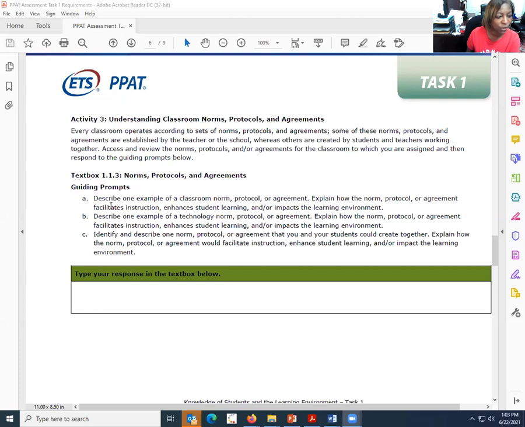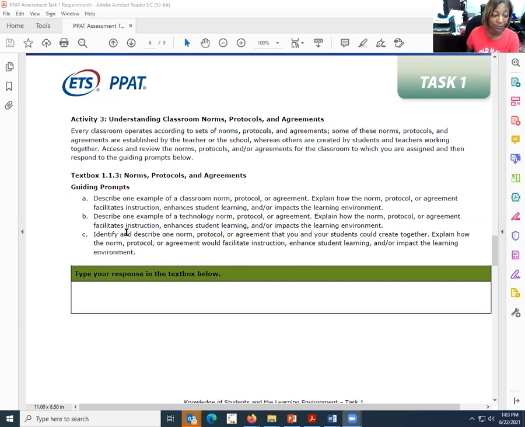Guiding prompts. A, describe one example of the classroom norm, protocol, or agreement, just one, and explain how the norm, the protocol, or agreement facilitates instruction, enhances student learning, and or impacts the learning environment. B, describe one example of a technology norm, a technology protocol, or a technology agreement for your classroom, and explain how the norm, the protocol, or the agreement facilitates instruction, moves instruction forward, enhances student learning, and or impacts the learning environment.